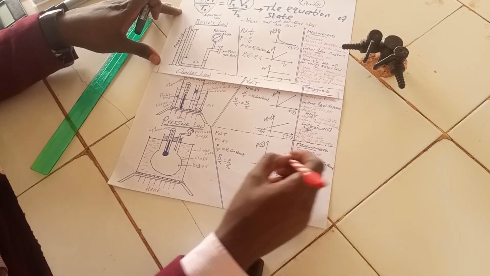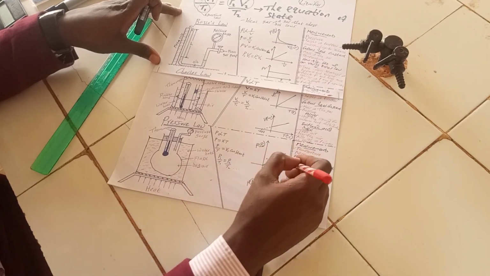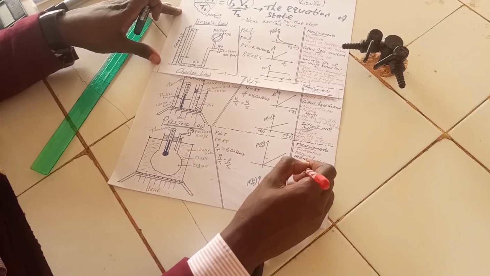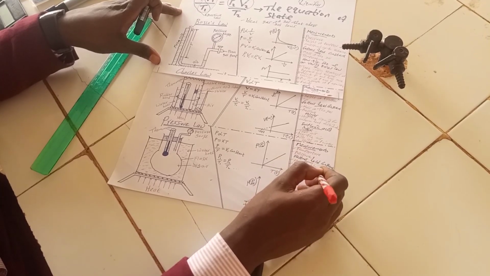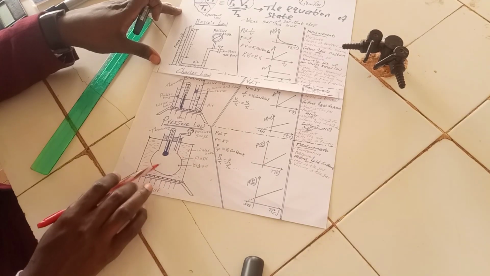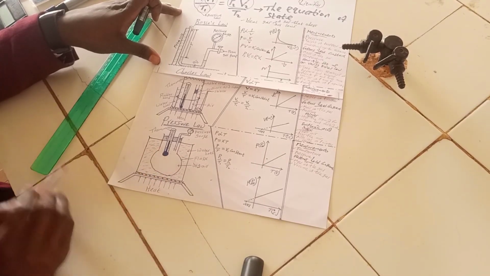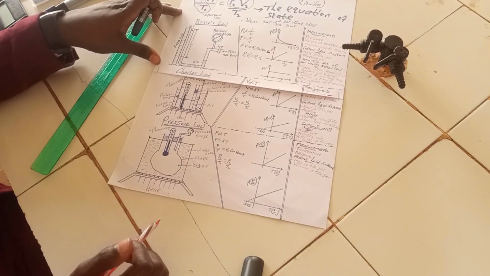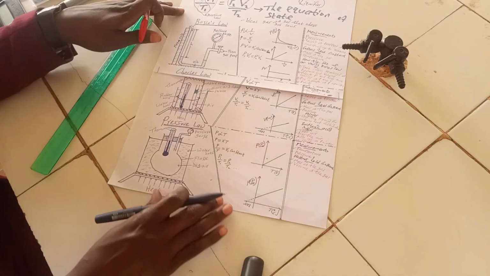The other one, because we are relating pressure and temperature, is volume. Volume of the gas. Remember, our interest is the trapped gas here.